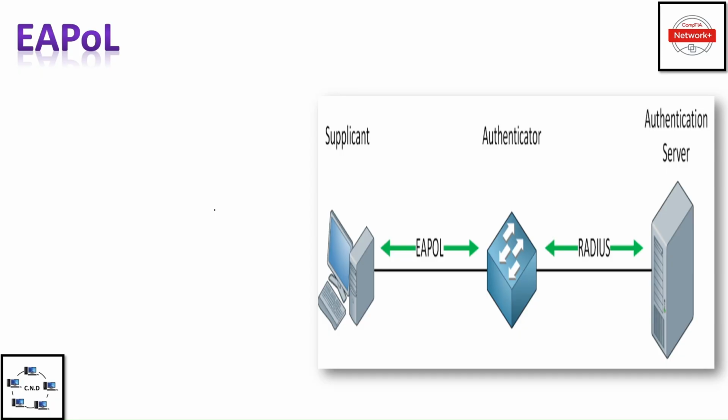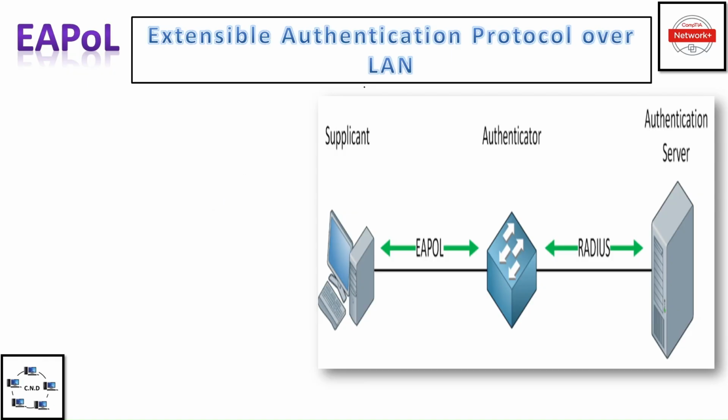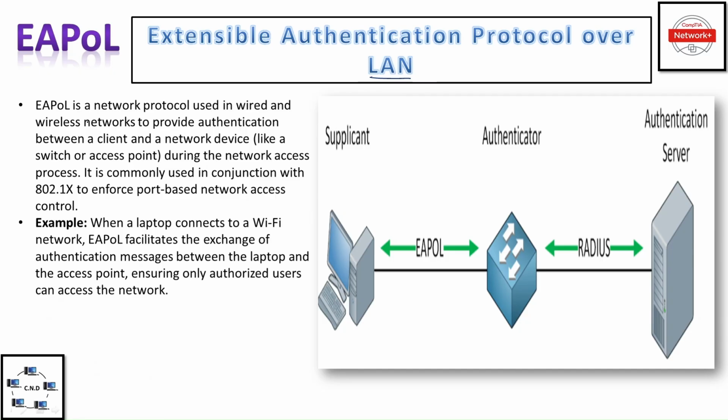EAPOL is Extensible Authentication Protocol over LAN. So EAPOL is a network protocol used in wired as well as wireless networks to provide authentication between a client and a network device like a switch or access point during the network access process.